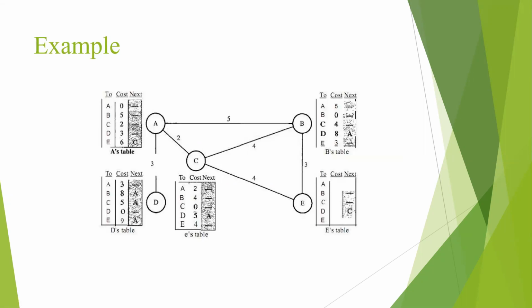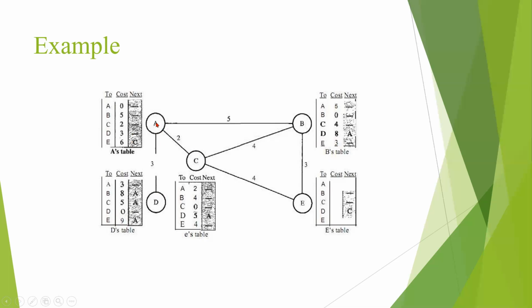In this, we are sending data from A, B, C, D, E. Here we are drawing the shortest distance to transfer data from one node to another. Here we can transmit data from A to B directly, A to D directly, and A to C directly.